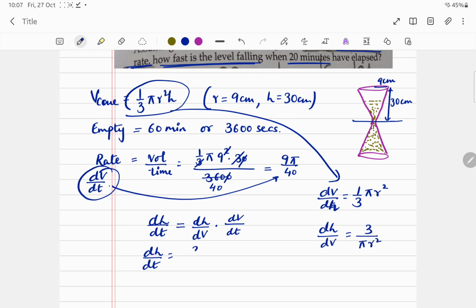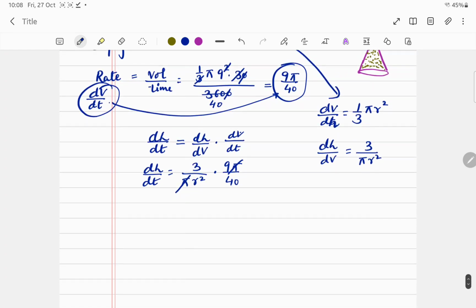We're going to use that. So dh over dt is 3 over pi r squared times dV over dt. We have just found dV over dt as 9 pi over 40. Good. Now let's simplify that. The pi cancels with pi.